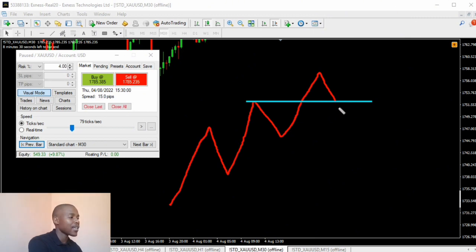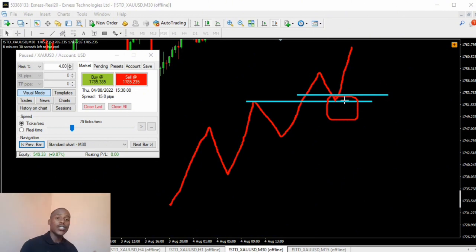When it respects that area of support, we're just gonna wait for price to move back upwards like that. And then we're gonna anticipate a buy over there. Then from this moment, when the price crosses this line here, we enter into a buy going to the upside.